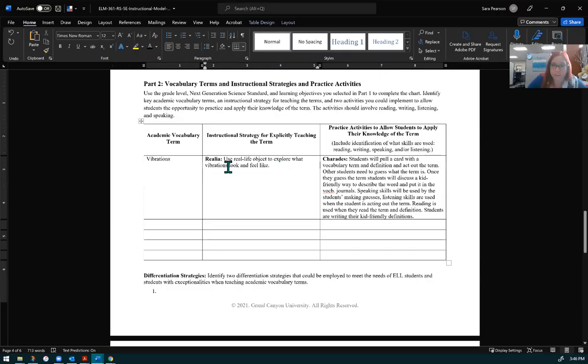Well, you want to fill in a unique strategy for each term that you identify. And you only need 1 teaching strategy for each box. So in this one, I might choose to use Realia. In the next one, I might choose to do something like the Frayer model. And in the next one, I might choose to do something else.